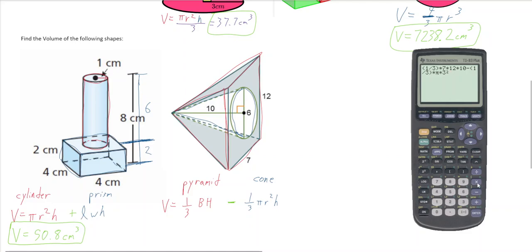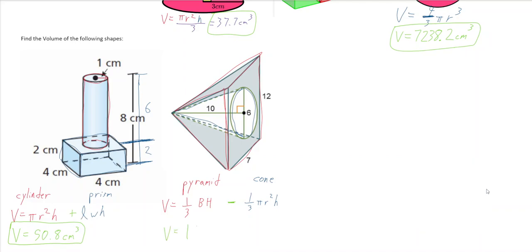So r squared times the height, which is 10, and we get a volume of 185.8. And I'll pretend like that's meters cubed. It doesn't say meters, but it should have. It should say some sort of units. And just so you know, this is the diameter here.